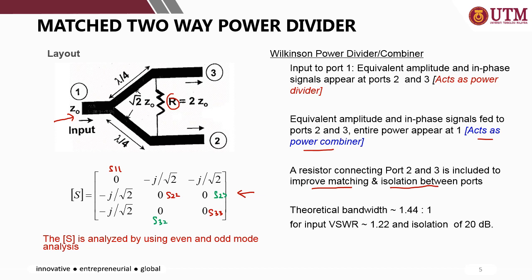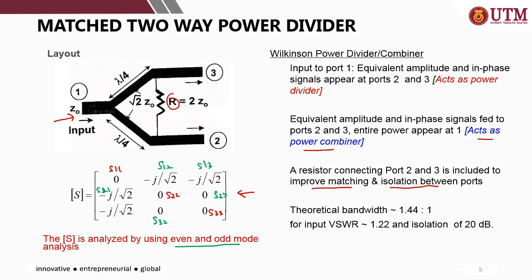The rest, S12, S13, S21, and so on, are equal to negative j divided by square root of 2. We can get these parameters by using even and odd mode analysis, which I'll show all of you in the next slide.